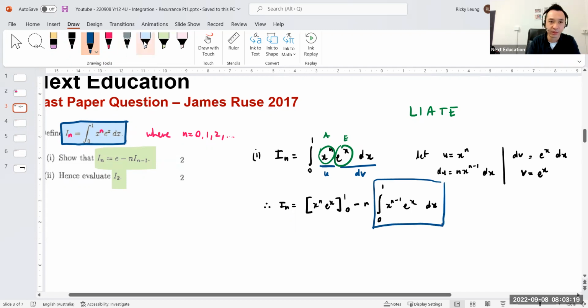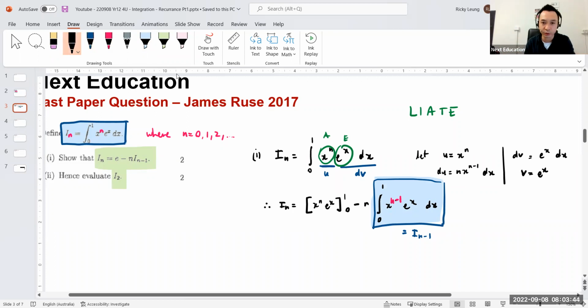There it is. That looks exactly the same as my original. The only difference is that it is n minus 1, which therefore makes this equal to I(n-1). Does that make sense? If everything else is equal, but the power or the n term is 1 less or 2 less, then replace that whole expression with I, in this case, n minus 1.